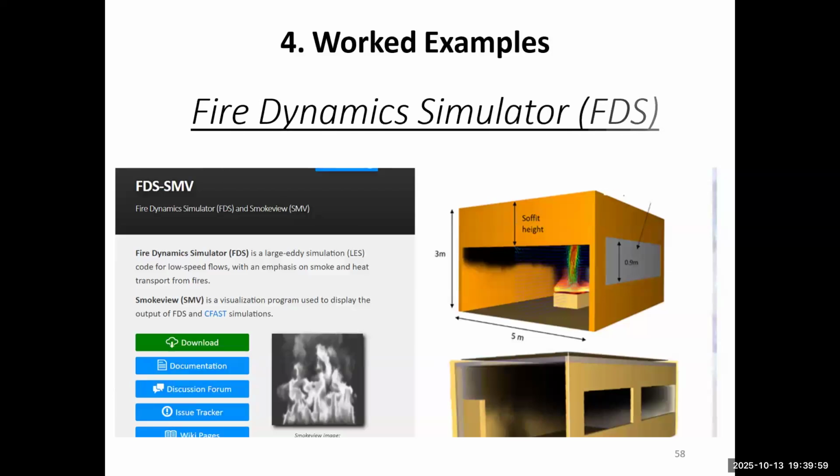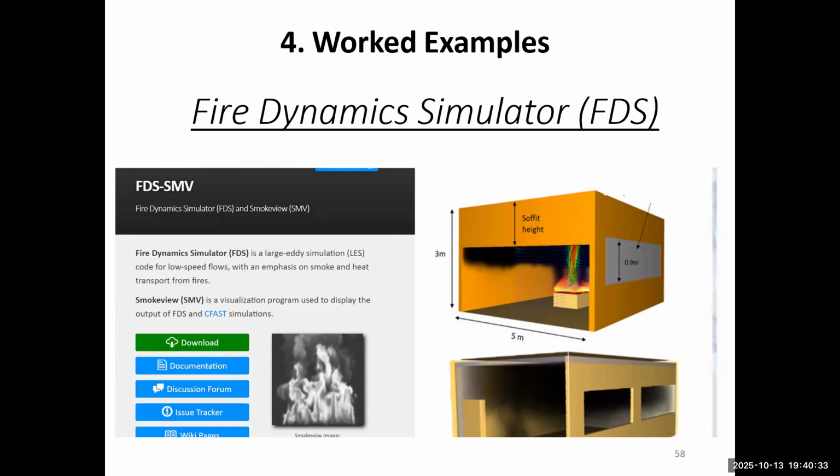Okay, now we take some worked examples. Let's move from the hardware to the software. To perform the quantitative analysis we discussed earlier, we use some engineering tools. The Fire Dynamics Simulator, FDS for short, is a leading computational fluid dynamics model developed by NIST for simulating fire-driven fluid flow.